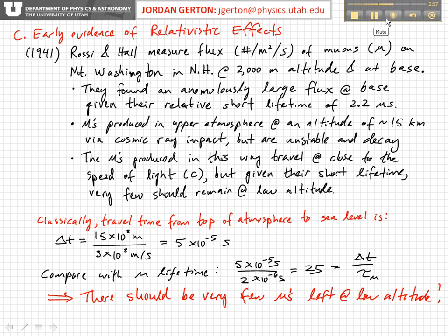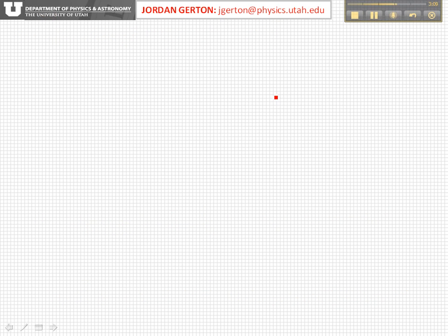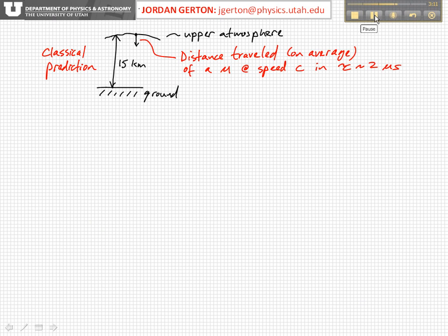Let me show a diagram of the situation from the classical point of view first, before we move on to the relativistic stuff. Okay, so just to make the previous discussion clear, here's a schematic picture of the classical prediction. The muon is produced up here in the upper atmosphere.